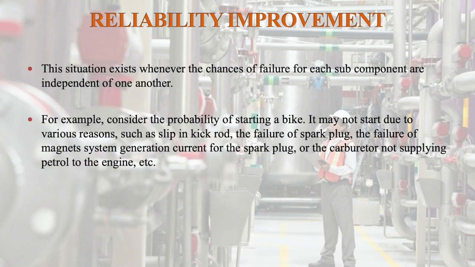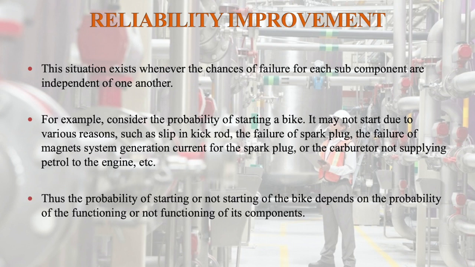For example, consider the probability of starting a bike. It may not start due to various reasons such as slip in the kick rod, the failure of the spark plug, the failure of the magneto system generating current for the spark plug, or the carburetor not supplying petrol to the engine, etc. Thus, the probability of starting or not starting of the bike depends on the probability of the functioning or not functioning of its components.